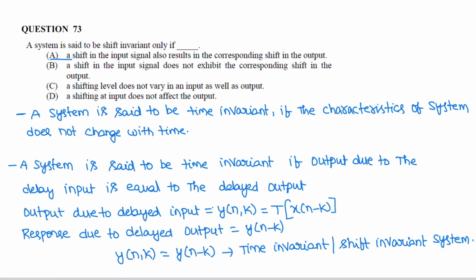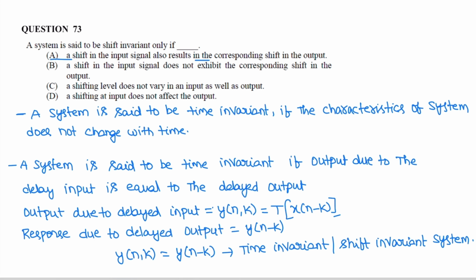A shift in the input signal also results in the corresponding shift in the output. It is a time invariant system or shift invariant system. One more thing: a system is said to be time invariant if the output due to delayed input is equal to the delayed output. If these two are equal, then it is a time invariant or shift invariant system.